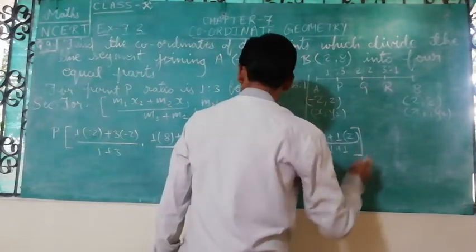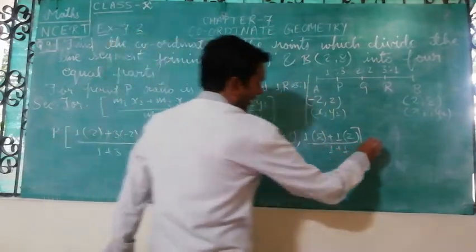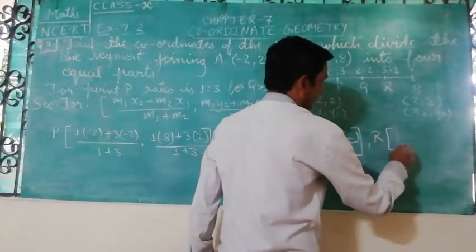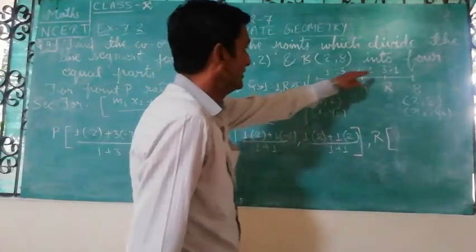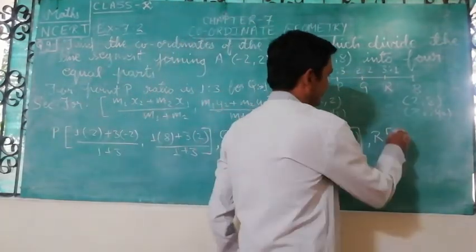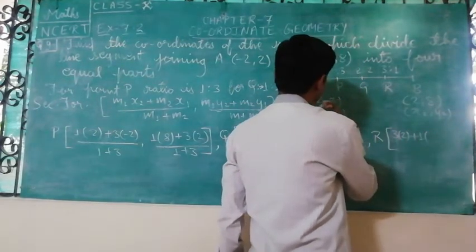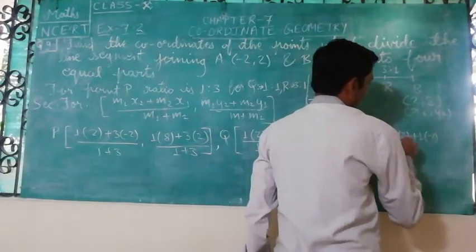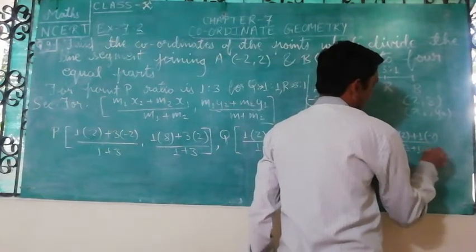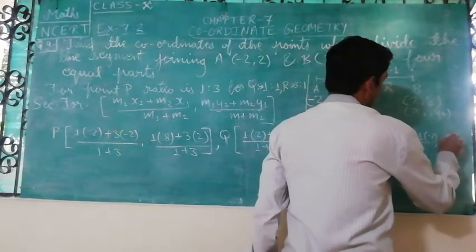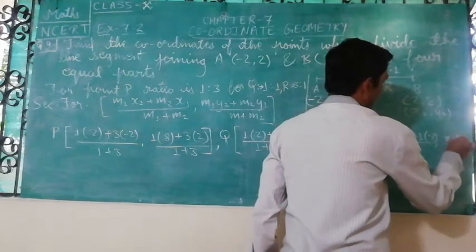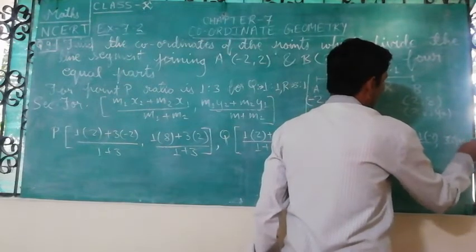And for R we can write 3 into 2 plus 1 into minus 2 upon 3 plus 1, comma 3 into 8 plus 1 into 2 upon 3 plus 1.